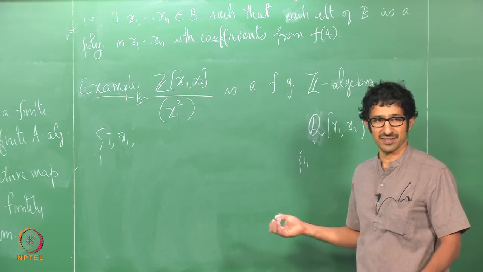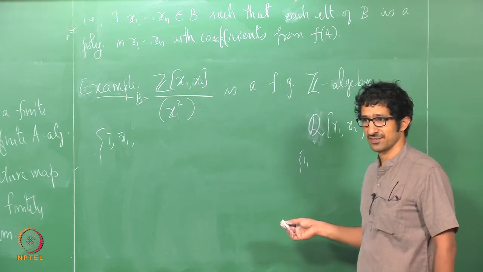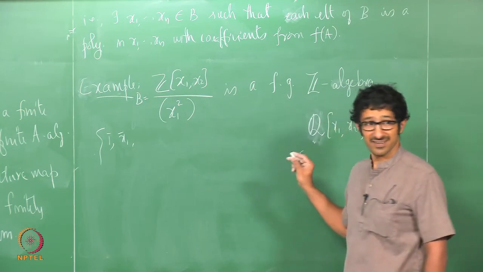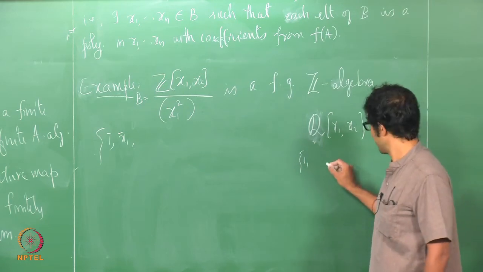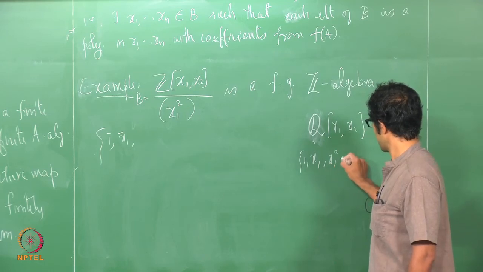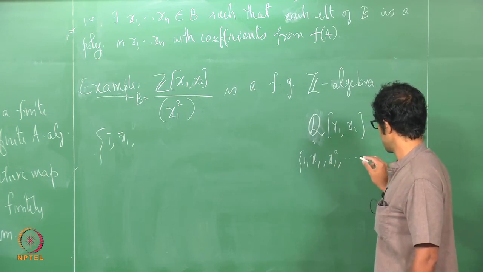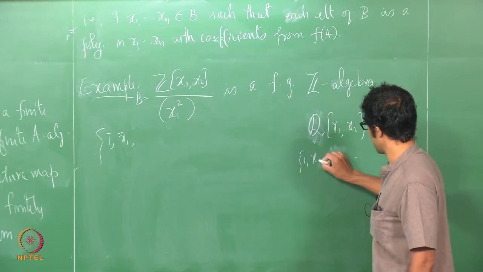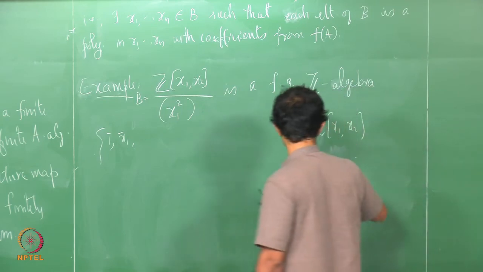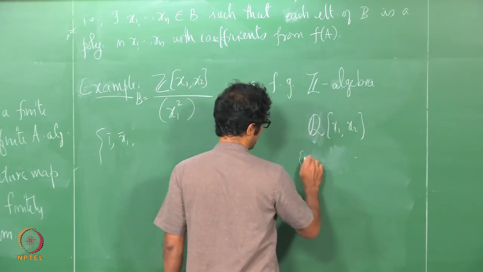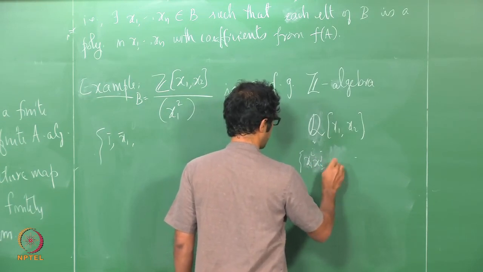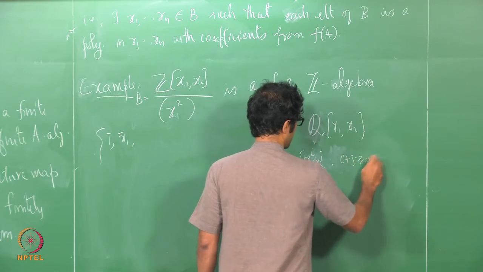Can you give me a basis? x1, x1 square. Yeah, so I can simply write x1 power i, x2 power j, with i plus j bigger than or equal to 0.